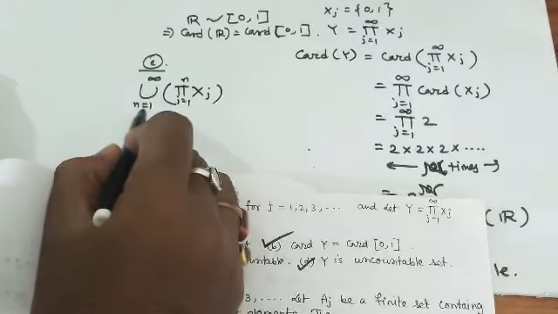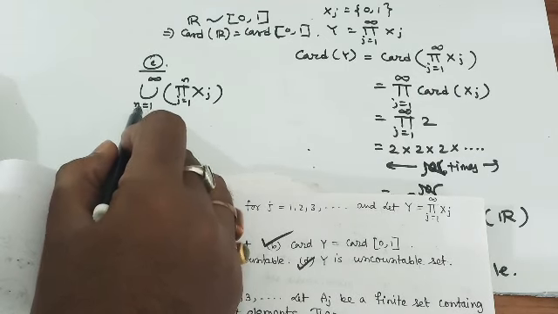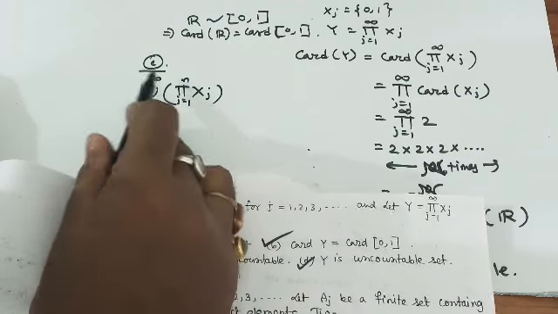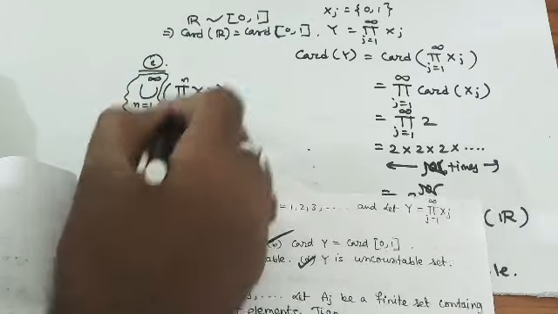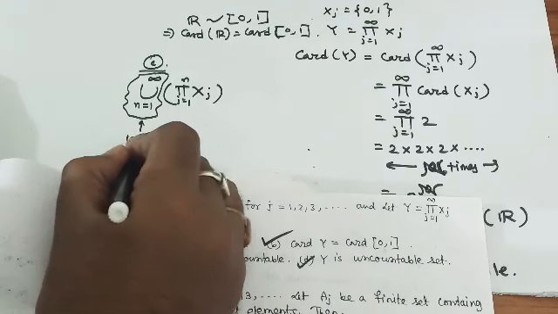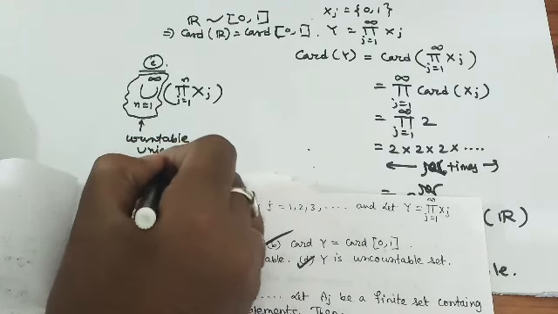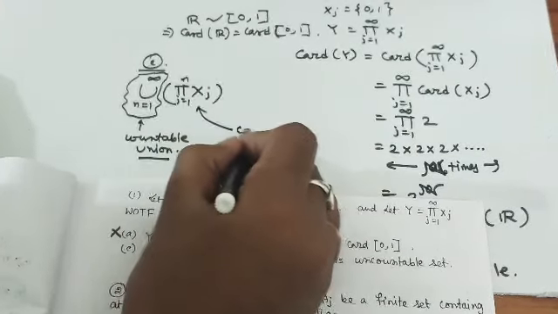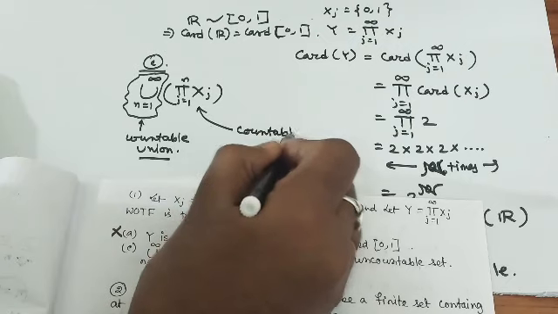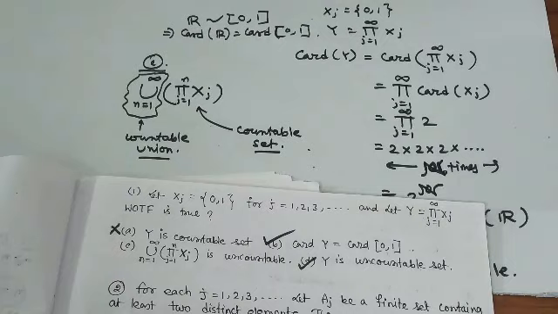Whenever this sort of union is there, with n running from 1, 2, 3, 4 up to infinity, that is a countable union. And I'm claiming that this part is a countable set. How? Can you verify?